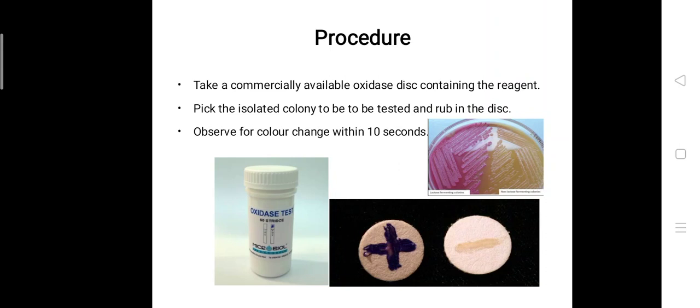Then rub them gently on the disc, and after that observe for the color change immediately, within 10 seconds. You should not read your result after more than 10 seconds, because it might give you false positive results. Here I have given a picture of how an oxidase test looks, but we will discuss this later in the interpretation.